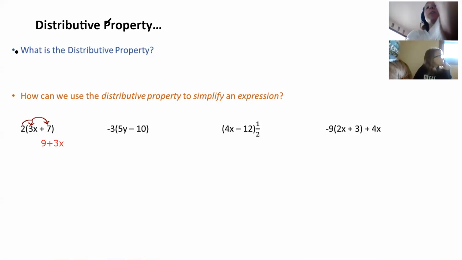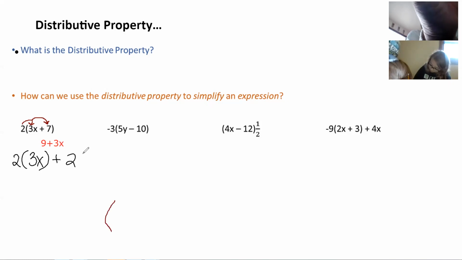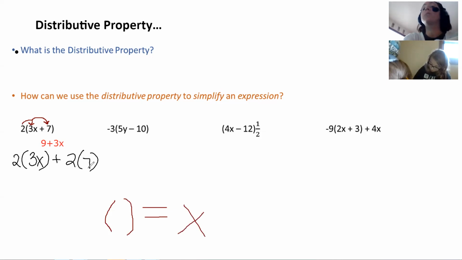You want to multiply with your first term and with your second term. That's how we want to do it. Yep, and parentheses tell us to multiply. Very good. So 2 times 3x and then 2 times 7. What would I get if I simplify that expression using the distributive property?